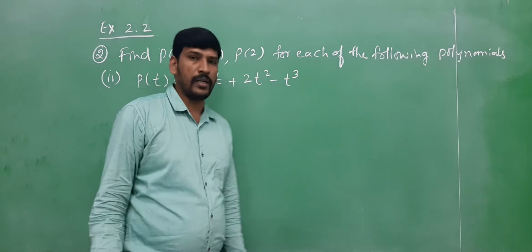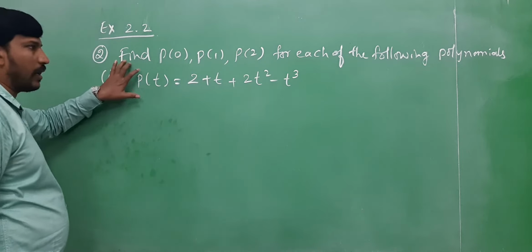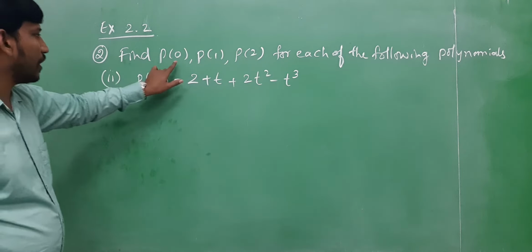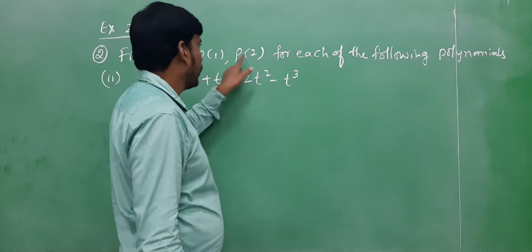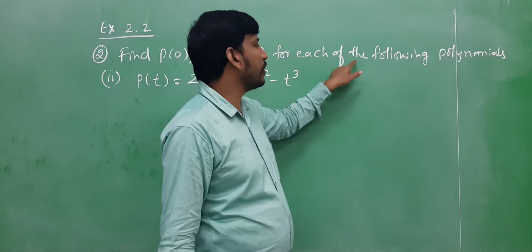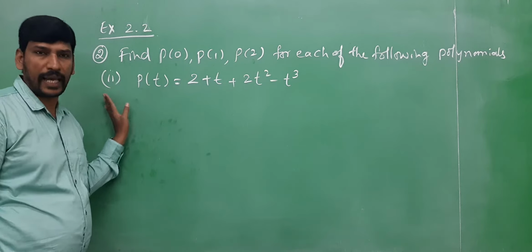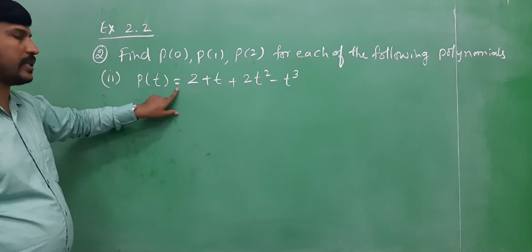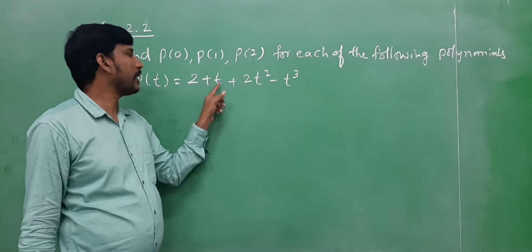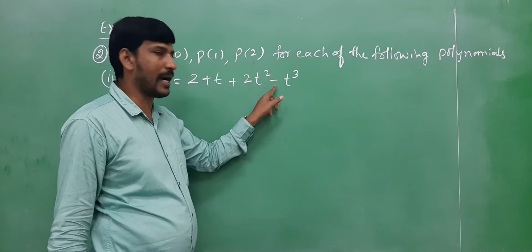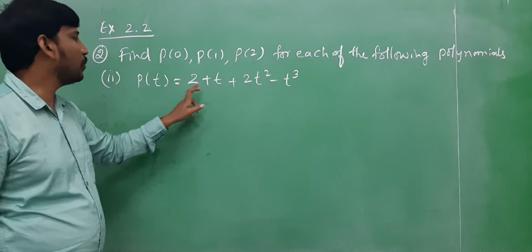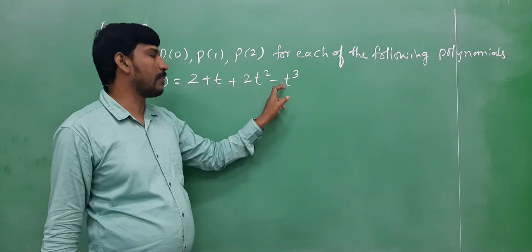Right, children, let us discuss question number 2 here. Find p of 0, p of 1, p of 2 for each of the following polynomials. In that I am explaining the second bit, that is p of t is equal to 2 plus t plus 2t square minus t cube.